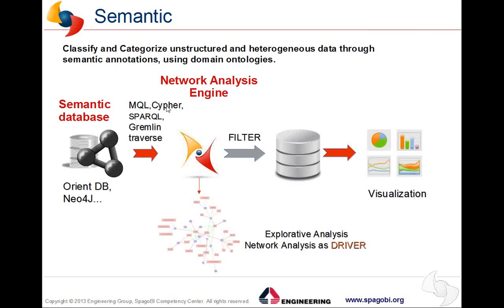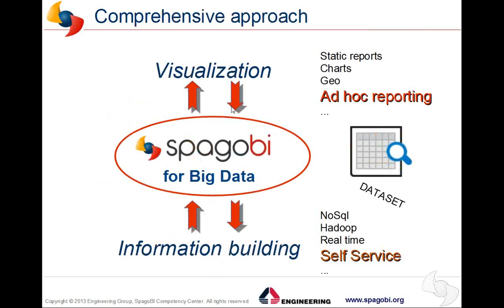Let's see if we can move on. Okay, so now a few words about the comprehensive approach. What do we mean by comprehensive approach? We saw that we have different kinds of data sources, different kinds of inputs for our visualization, for our business intelligence analytics.